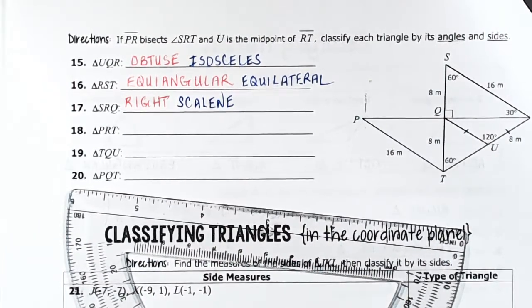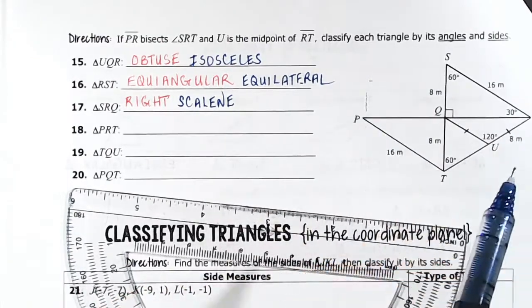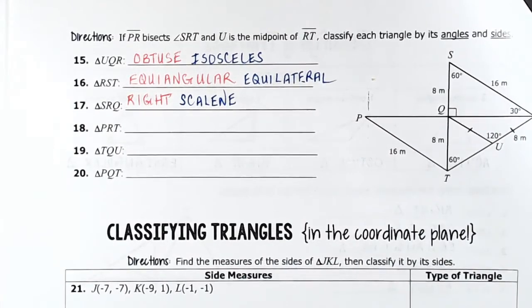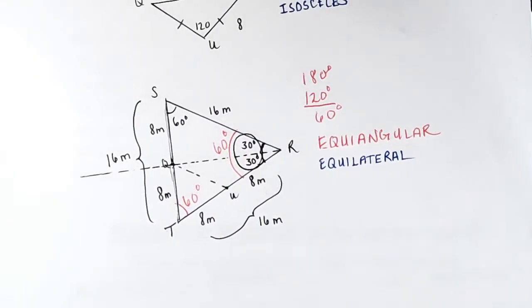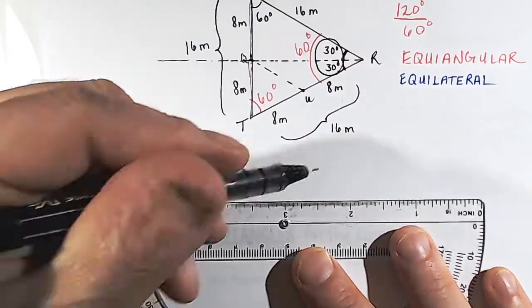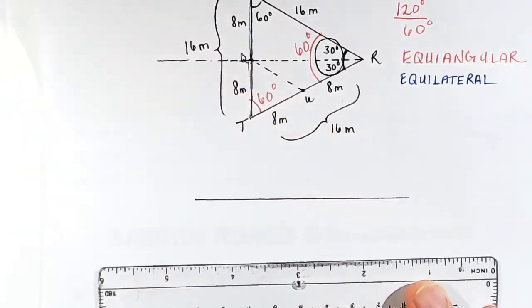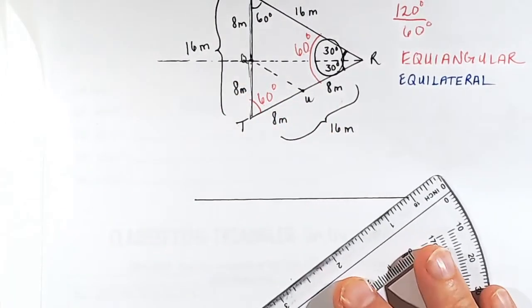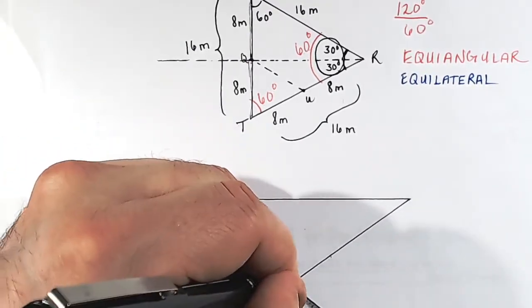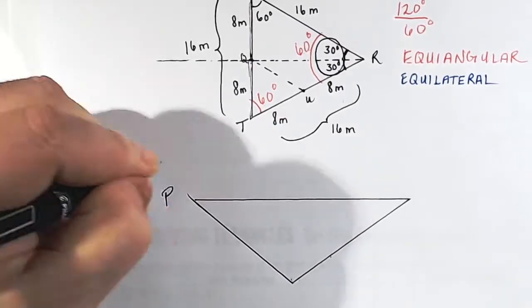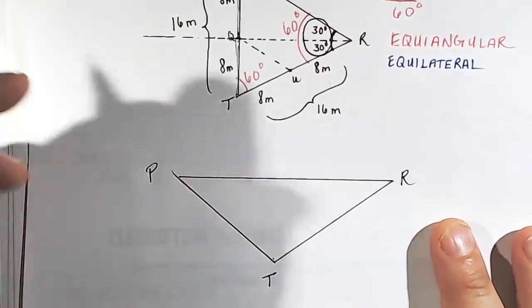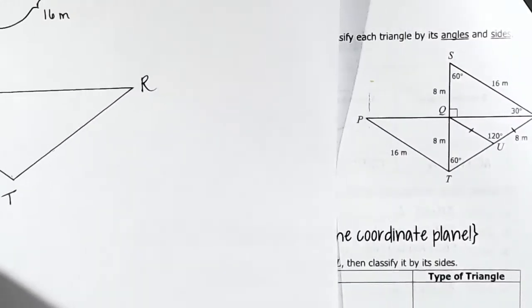How about PRT? Now this is one where I feel like we need to draw it. Okay, this is P, R, T. And we got to label some stuff here.